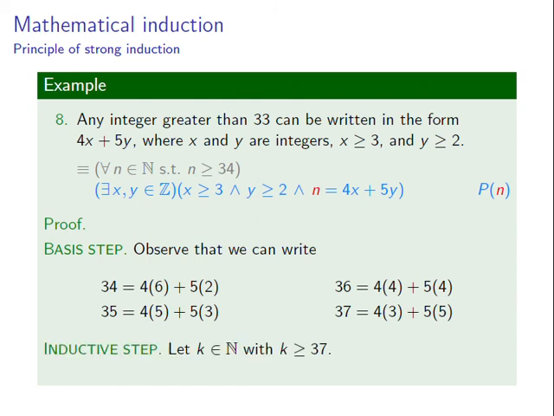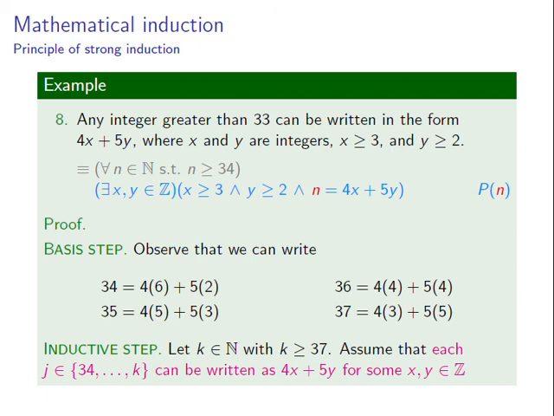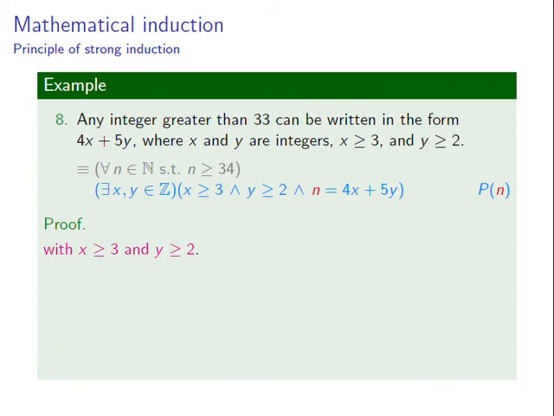Let k be an arbitrary natural number greater than or equal to 37. Assume that each natural number j from 34 to k can be written as 4x plus 5y for some integers x and y, with x greater than or equal to 3 and y greater than or equal to 2. Since k is greater than or equal to 37, k minus 3 is greater than or equal to 34.